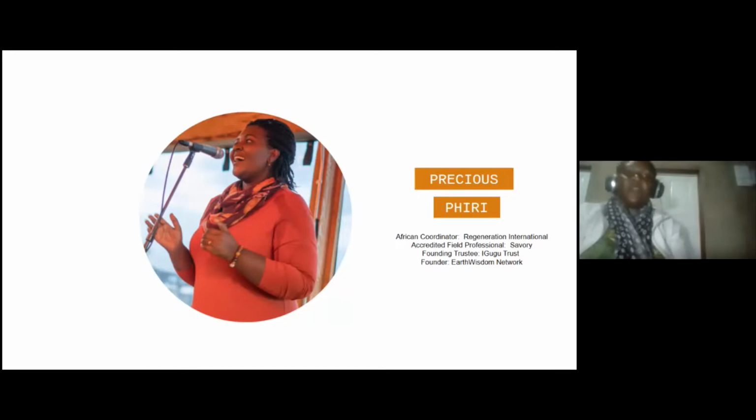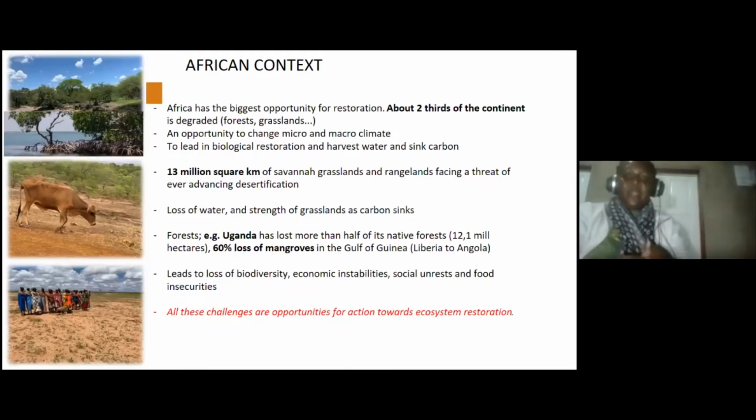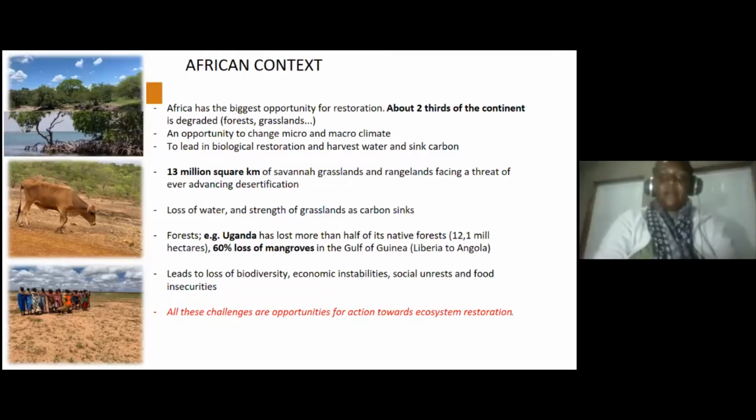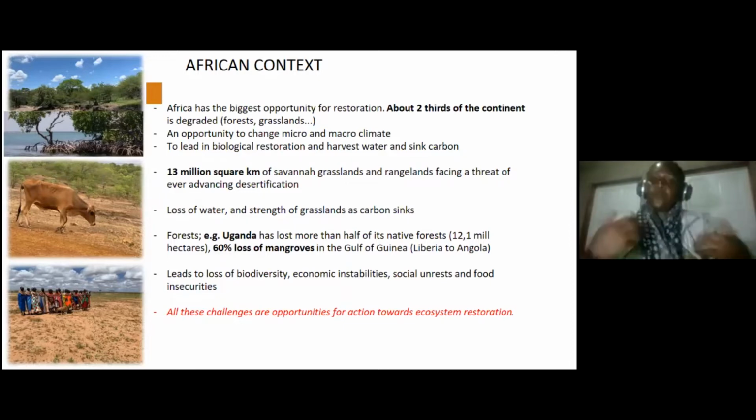Okay, so I'm going to dive into a little bit of the African context and maybe also mix it with my context where I work. So I work in Zimbabwe and then most of Southern Africa and East Africa. So the communities that I work with are mostly agro-pastoral. So where I was born, we do both cropping and pastoralism, agriculture.